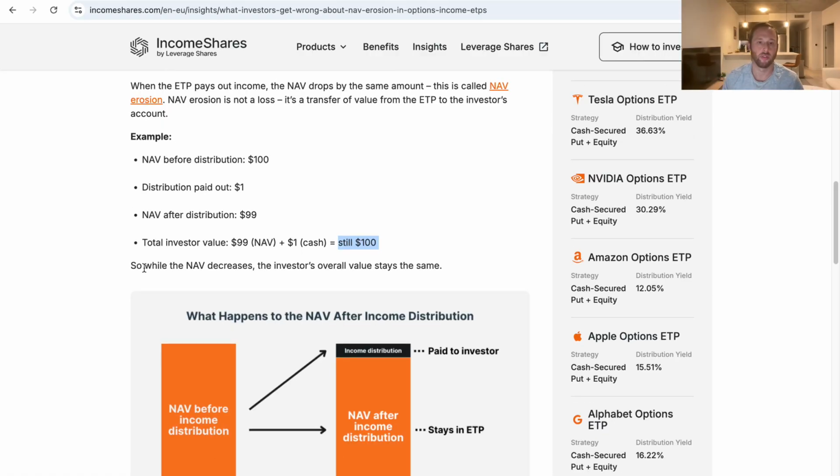So generally speaking, if these funds never appreciate in value and they're only giving you some form of income, naturally the NAV would continue to erode. And that's what's super important about the selection of funds we choose from, and why we look at market ETFs as opposed to individual stocks.